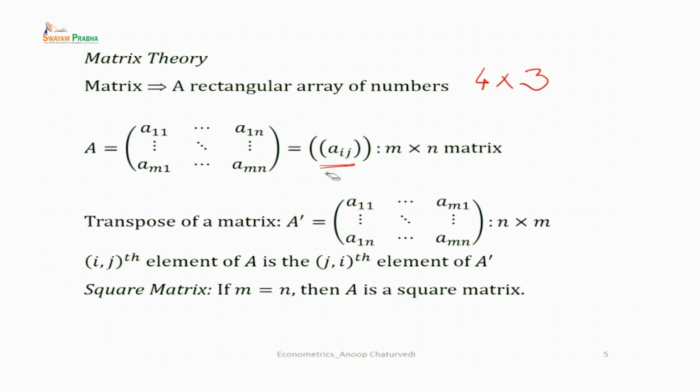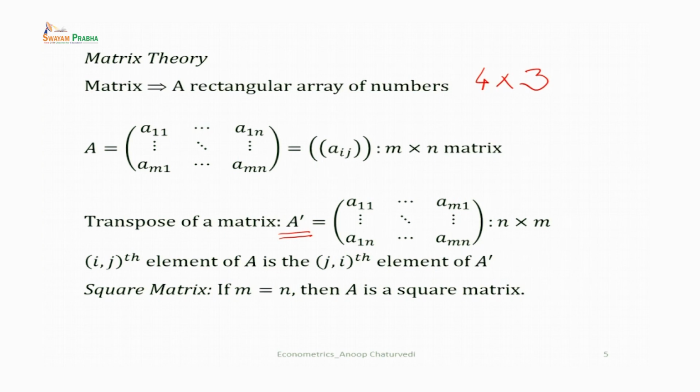Then we define the transpose of a matrix A. We denote it by A dash. So, A dash is the notation which we are going to use for the transpose of a matrix in subsequent lectures. To obtain the transpose of a matrix, we simply arrange different rows of A as different columns. So, the first row of A is the first column of A transpose and so on. The last row of A is the last column of A transpose.